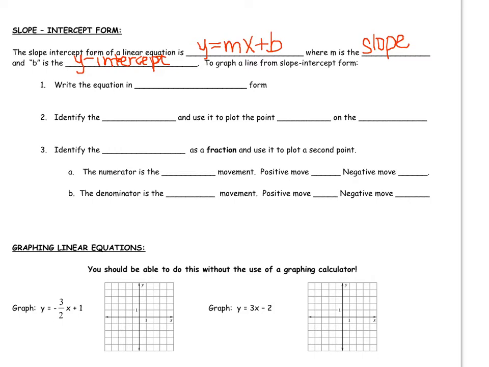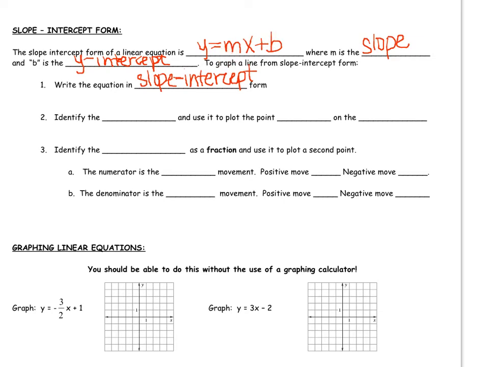To graph a line from slope-intercept form, we first write the equation in slope-intercept form. And the most common mistake I see at this point is students put the x term second, and then they put the b term first, and then they mix up which one's the slope and which one's the y-intercept.